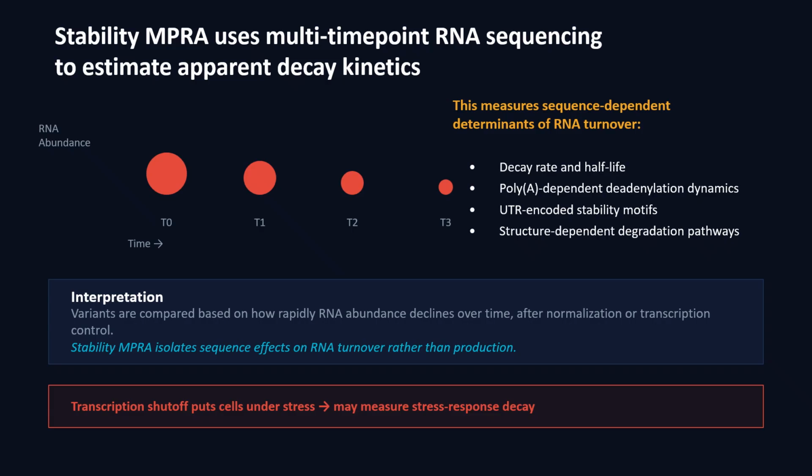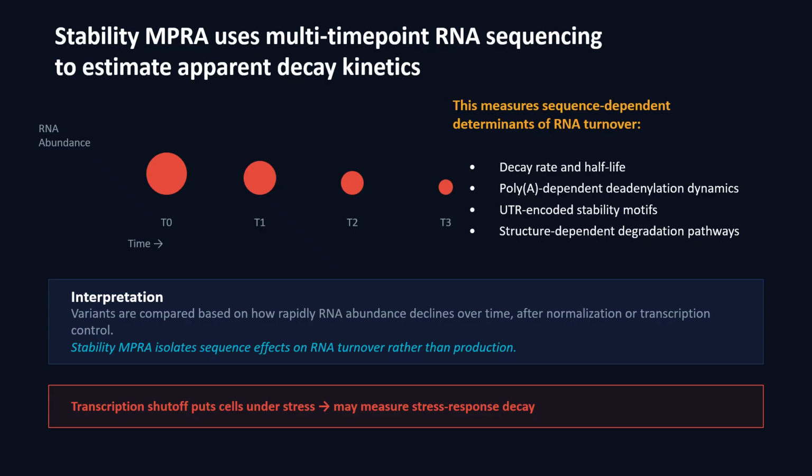So an important thing is, the stability MPRA focuses on the disappearance of RNA, not production. So it attempts to isolate the decay component of RNA abundance, basically.